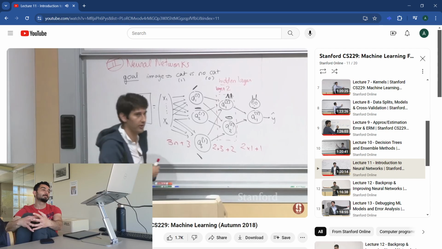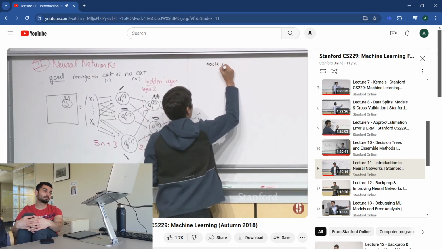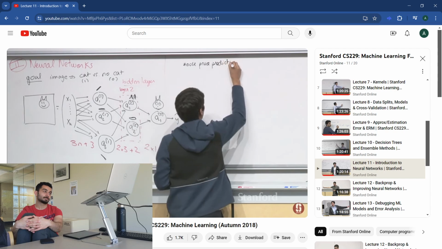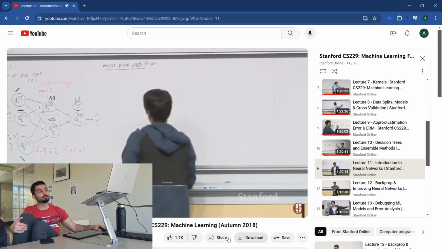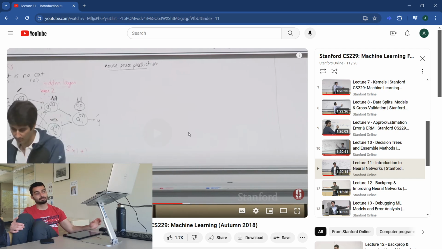Let me give you another example, which is a house price prediction example. Once we have more layers, I guess it's better because we can break the task of finding a cat into simpler steps for the computer, and then we have better results.